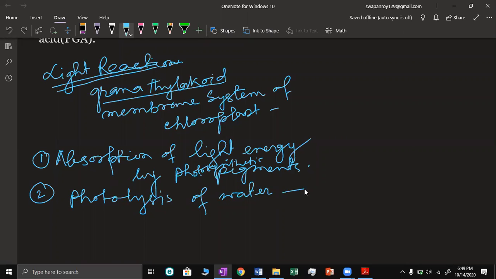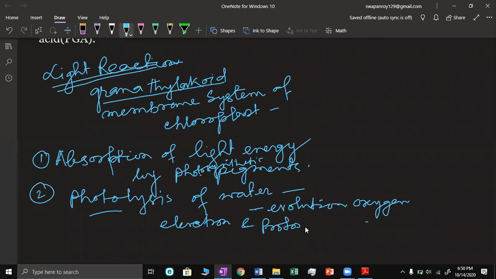In the photolysis of water, what was produced? There was evolution of oxygen, then electron and proton, that is hydrogen ion.